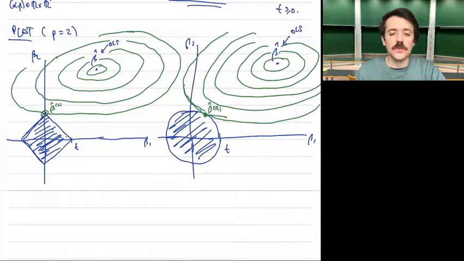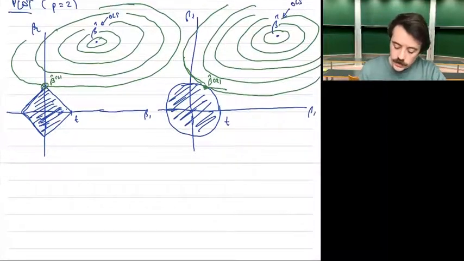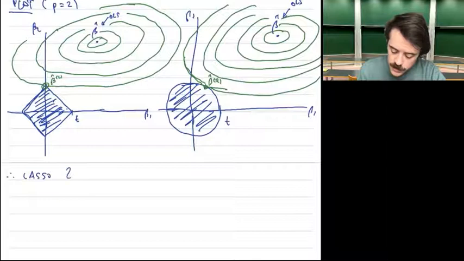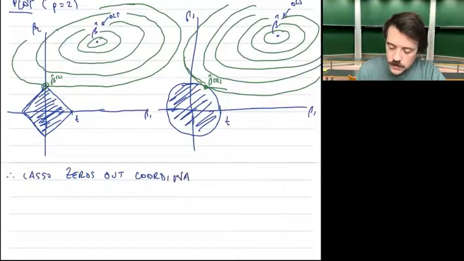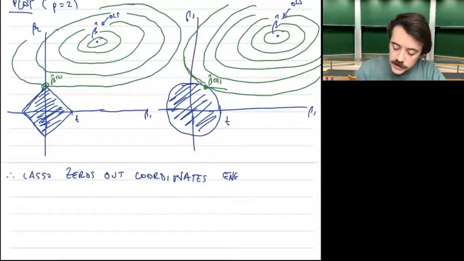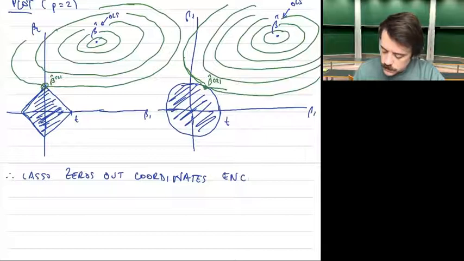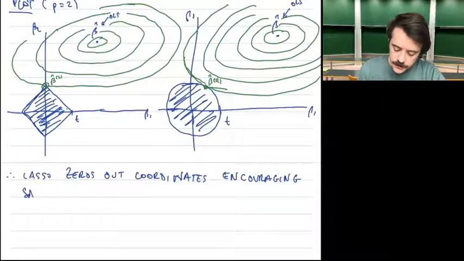Okay. So what we can conclude out of this is that lasso zeroes out coordinates. And what it is going to do is to encourage sparsity.